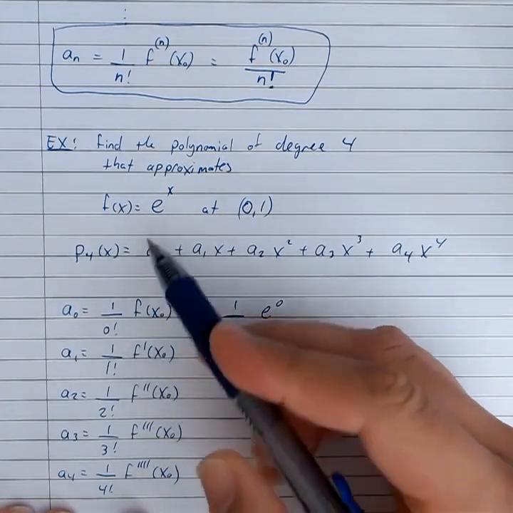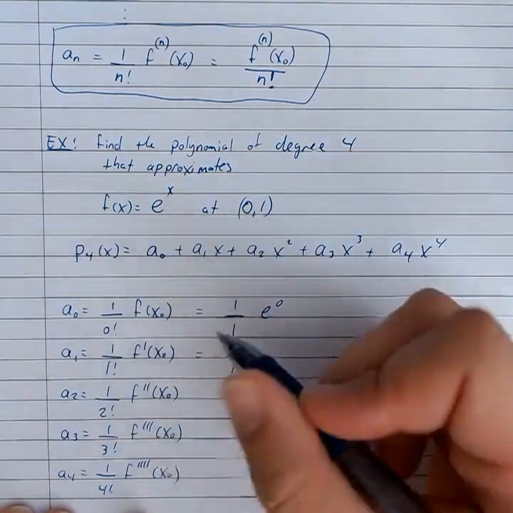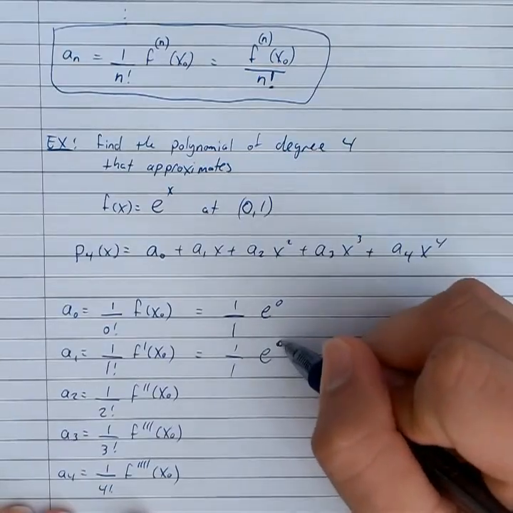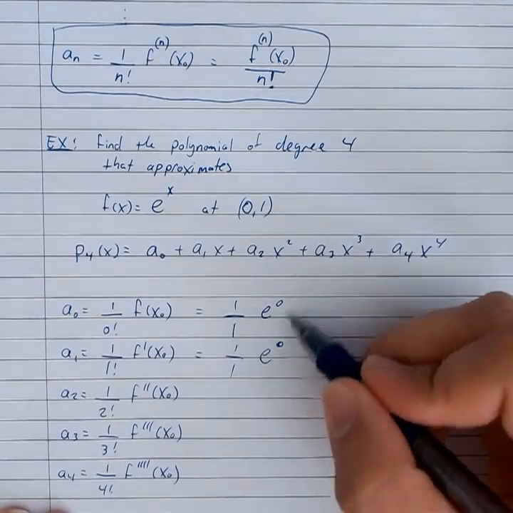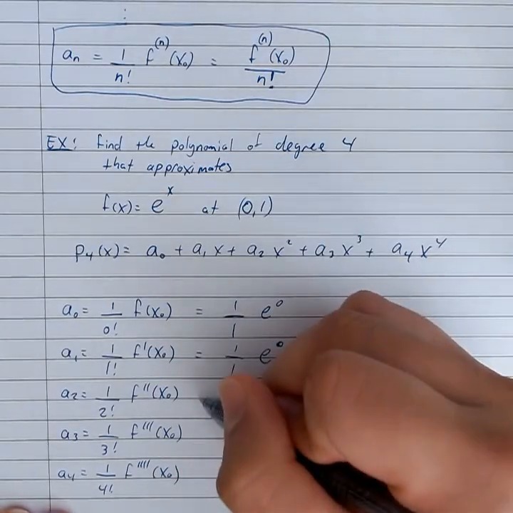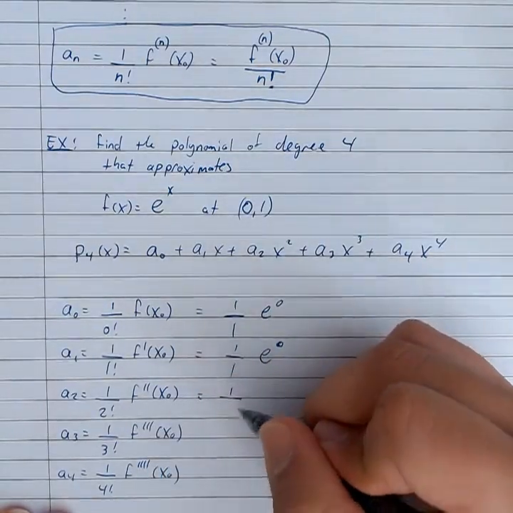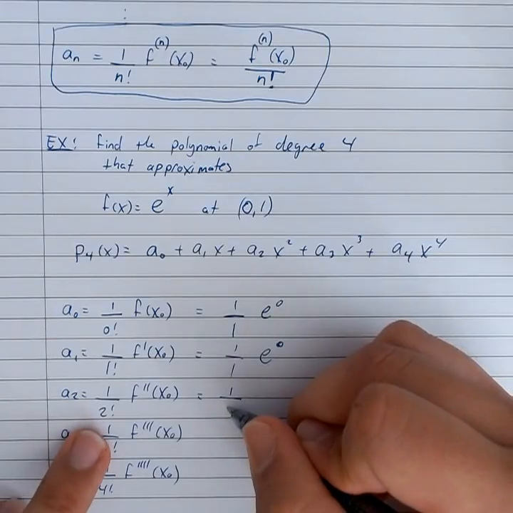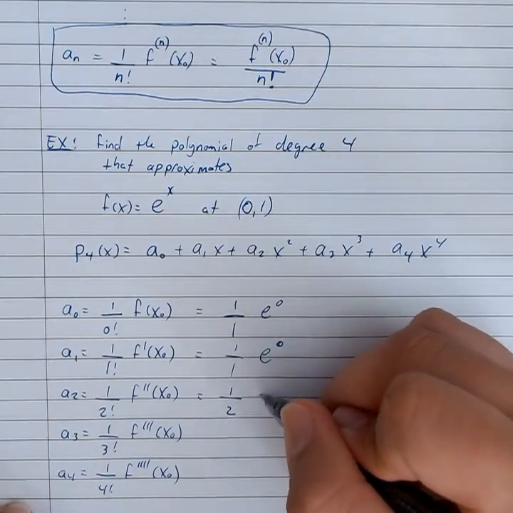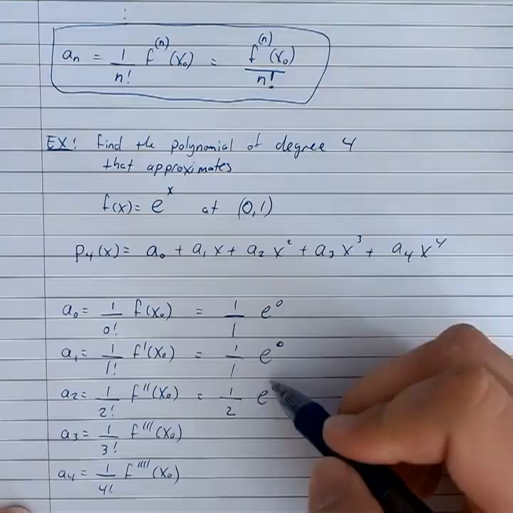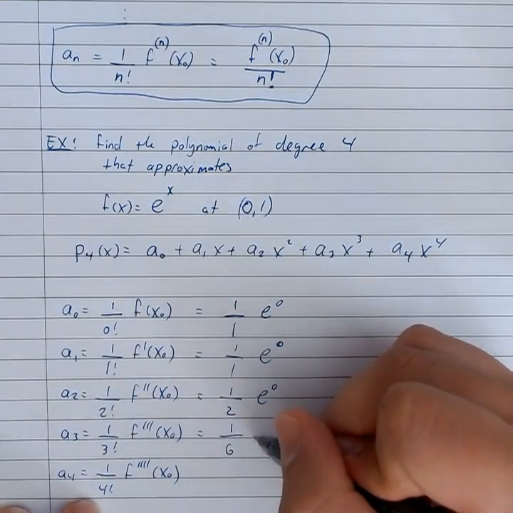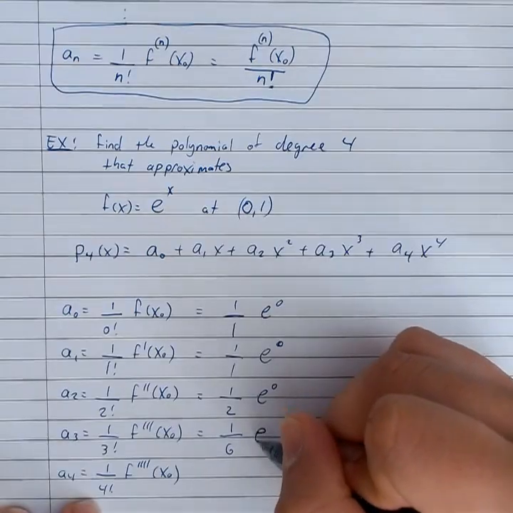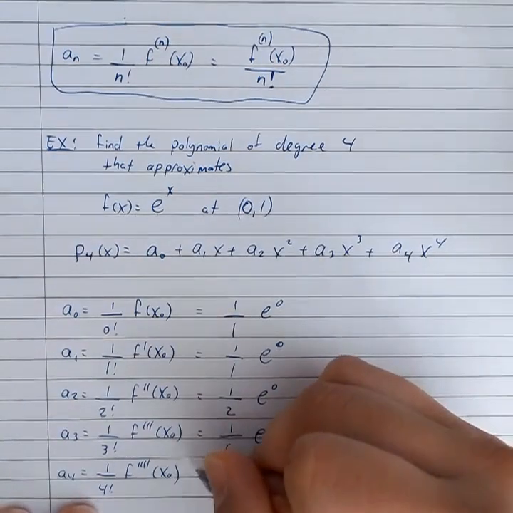The derivative of f is still e to the x. And again, I'm going to plug in 0. Notice here, that's the function, that's the derivative. It just so happens that e to the x is its own derivative. Here, 1 over 2 factorial is 1 over 2. And again, the derivative is still e to the x, which we're plugging 0 into. Here, that's going to be 1 over 6. And again, the derivative is e to the x, which we plug 0 into.